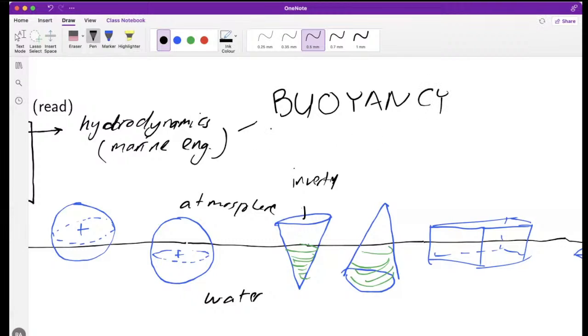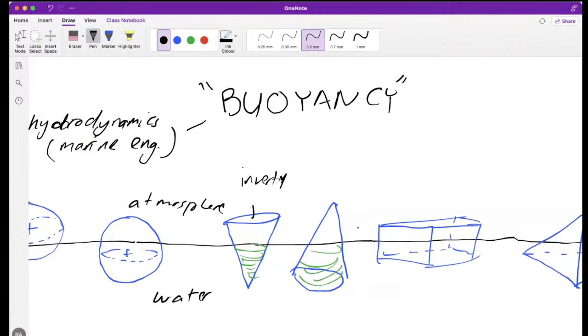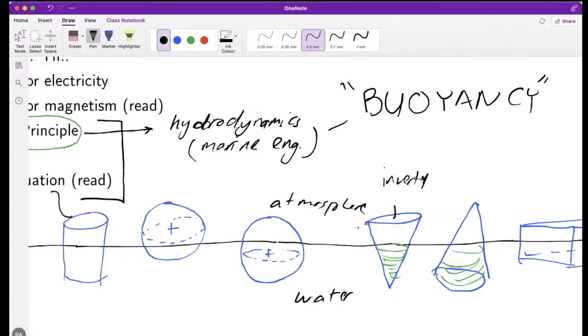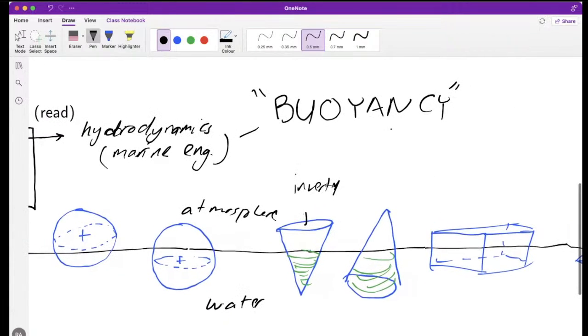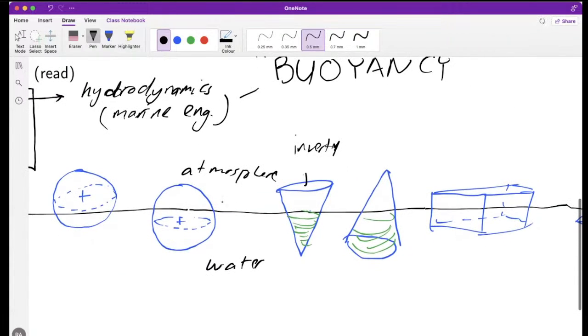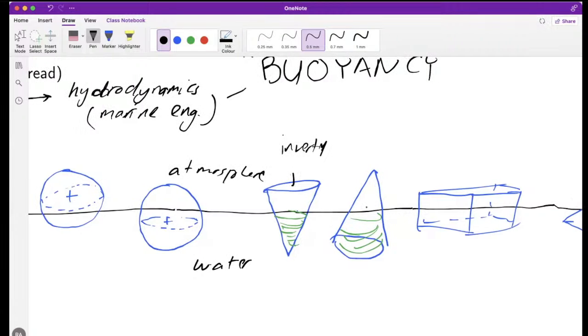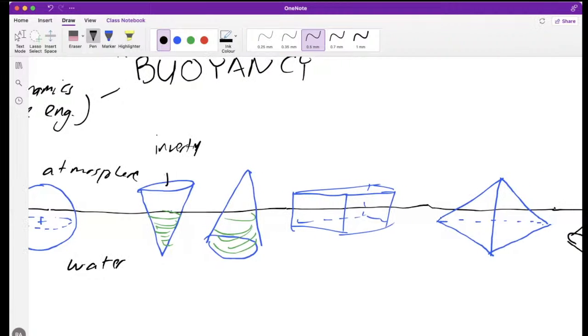Basically, this is what we are interested to solve for, because this buoyancy, or what we call the net force, is the one that keeps solid objects floating at a certain level.